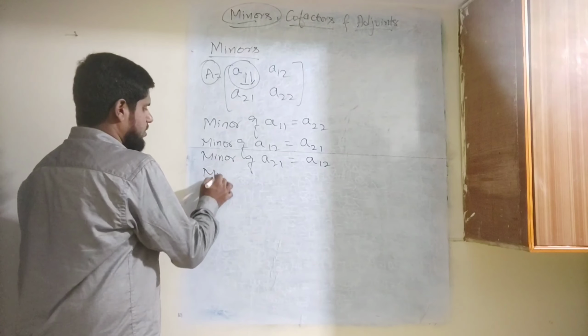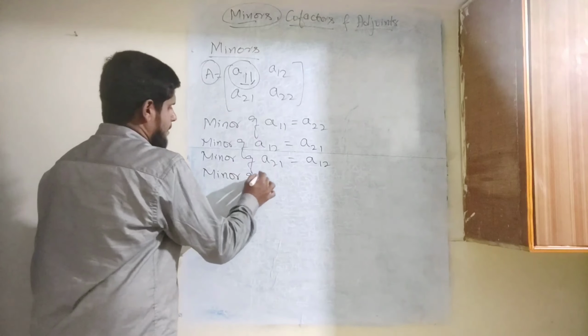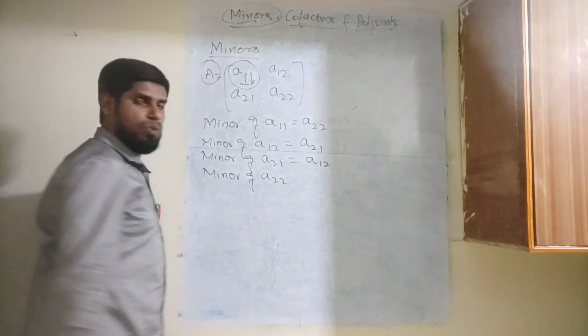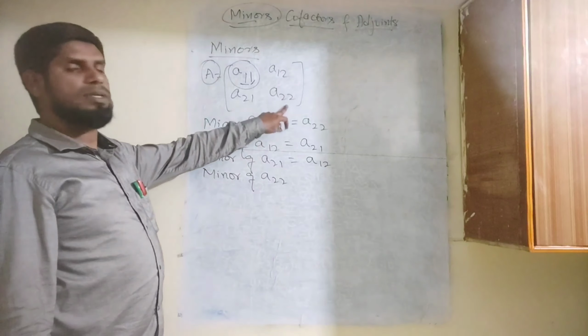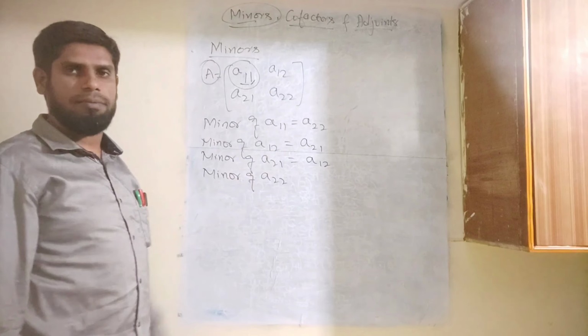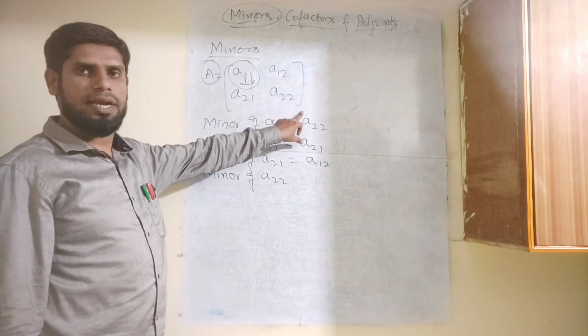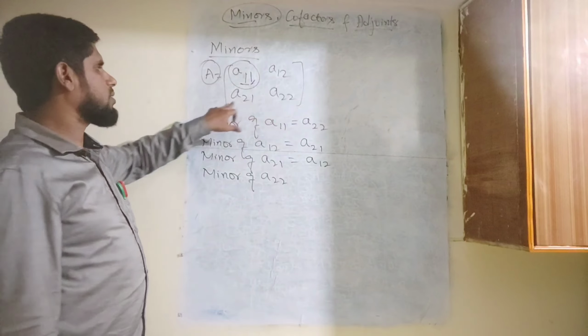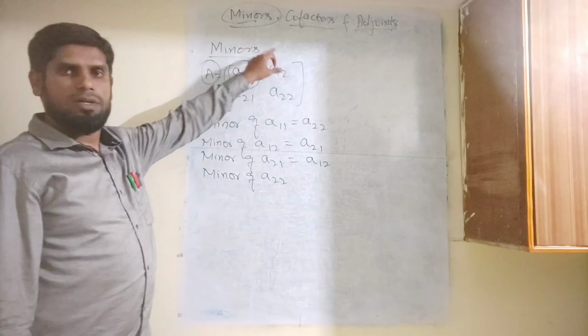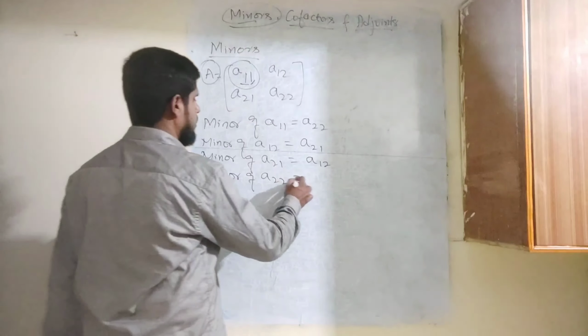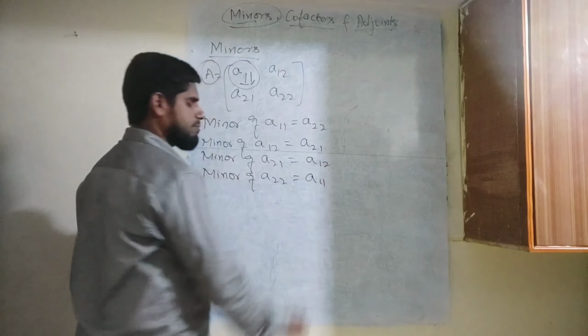Next, last element, minor of A22. A22 means second row, second column. This is the element which is located in second row and second column. So you should eliminate second row and second column. So its minor is A11.